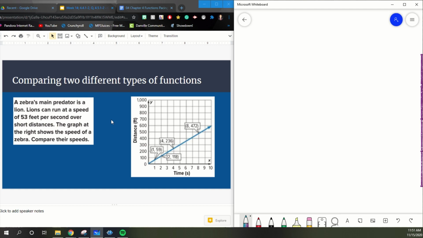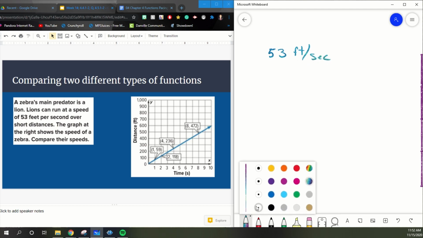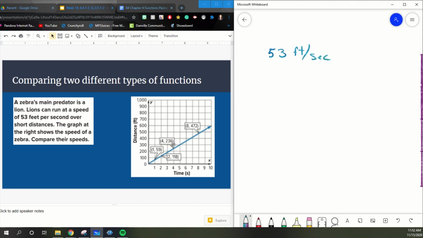Compare their speeds. To compare our speeds, we have to compare our rates of change. We know the rate of change for the lion already. That's 53 feet per second. Well, if that's 53 feet per second, we need to figure out what the zebra's is.